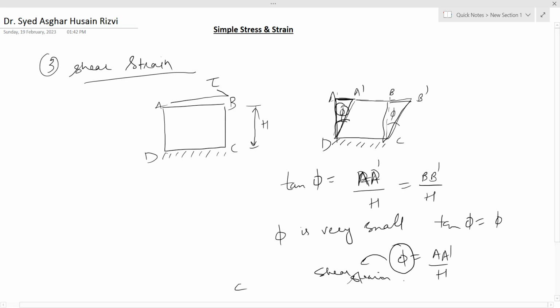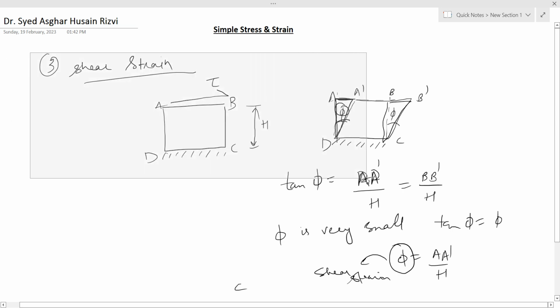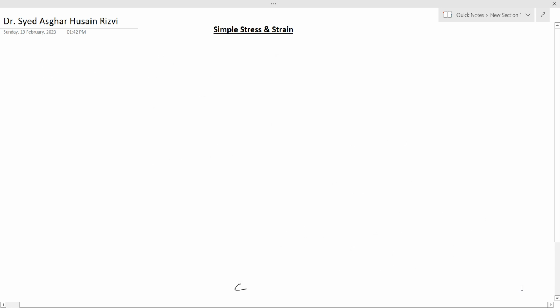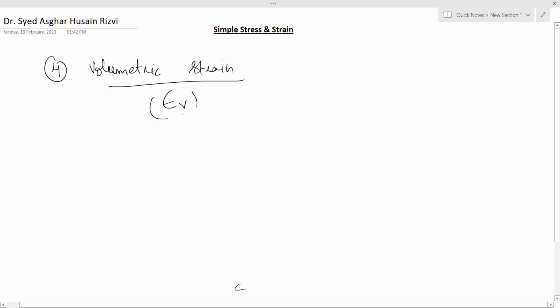There is one more strain that is developed in the body when it is acted upon by external forces, and that is, the fourth one is volumetric strain, and it is denoted by epsilon v.